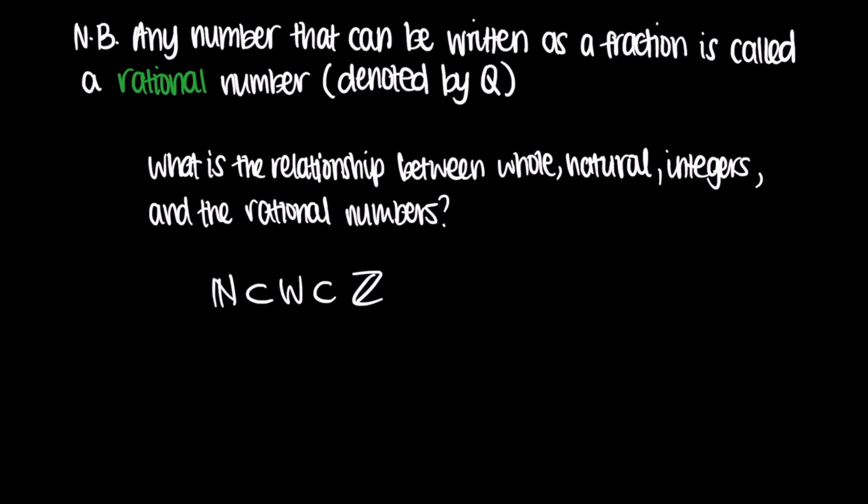And seeing as we just said that all integers can be written as fractions, and all fractions are rational numbers, then this would mean that the set of integers is a subset of the set of rational numbers, which makes the set of rational numbers the largest set of numbers that we've looked at so far.